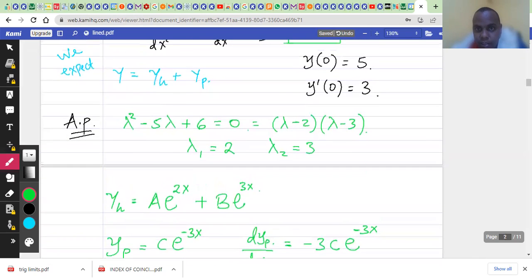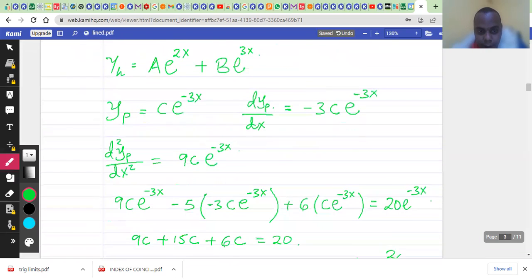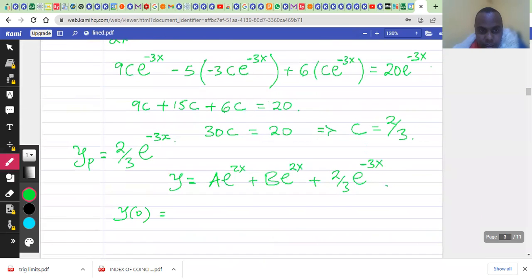No, y of 0 was 5. So this only means that A times e to the power of 0, which is 1, so A plus B plus 2/3 is equal to 5, right?